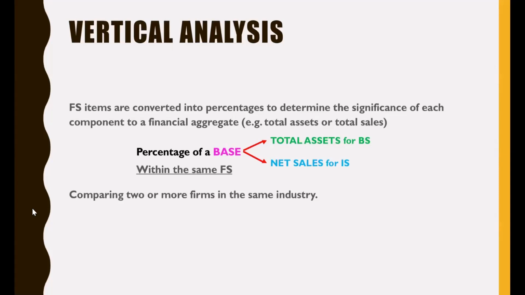But with the use of vertical analysis, we can do so. The other name for vertical analysis is common size analysis, because, like I've mentioned, we can compare two different firms with different sizes.